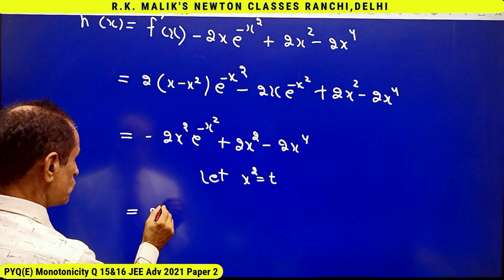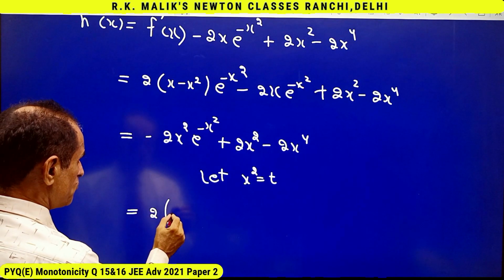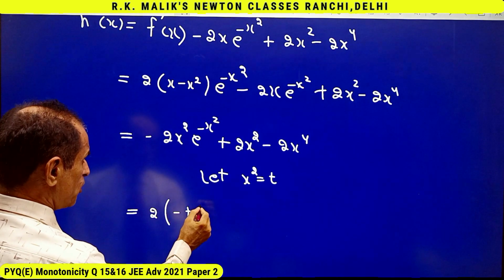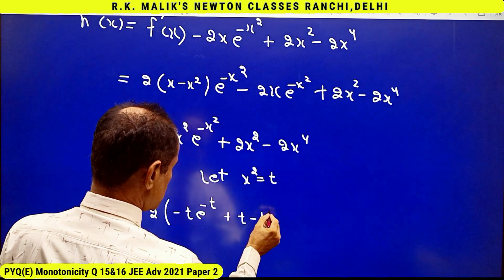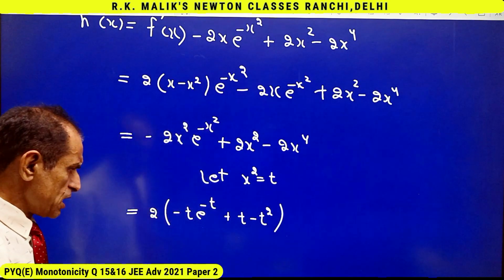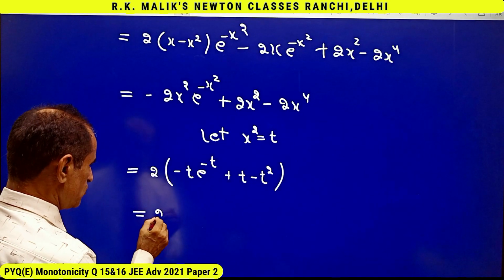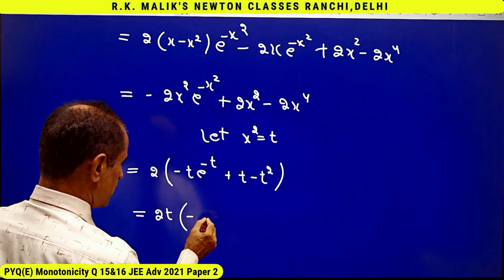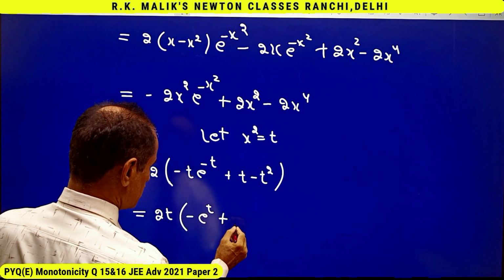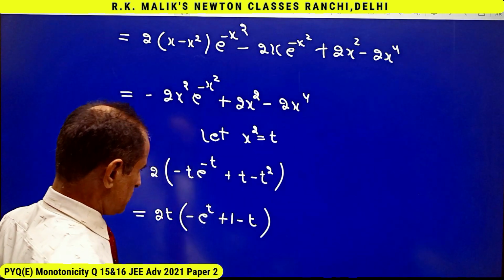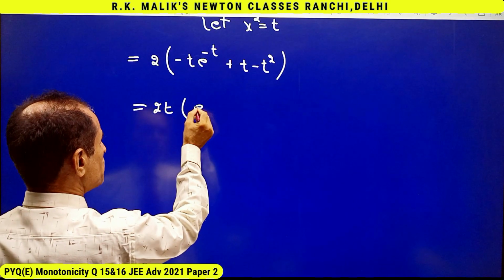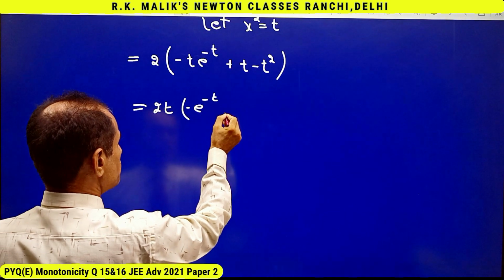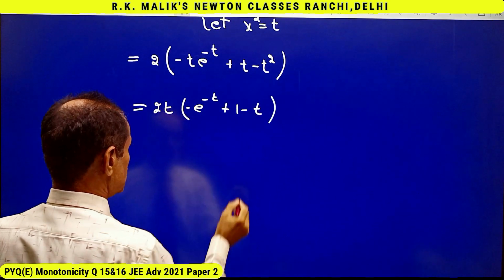I get 2 into (minus t e to power minus t plus t minus t square). That is, I have to check the sign of minus e to power minus t plus 1 minus t.